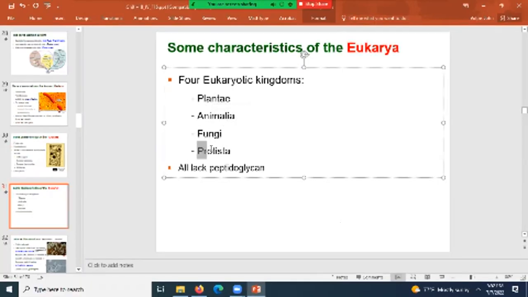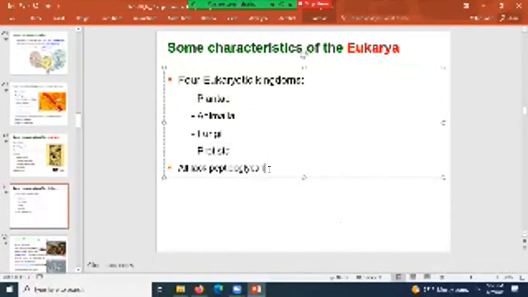So it's not monophyletic. None of the members of the domain eukarya have peptidoglycan. So all members of eukarya lack peptidoglycan. Peptidoglycan is only found in the cell walls of bacteria.